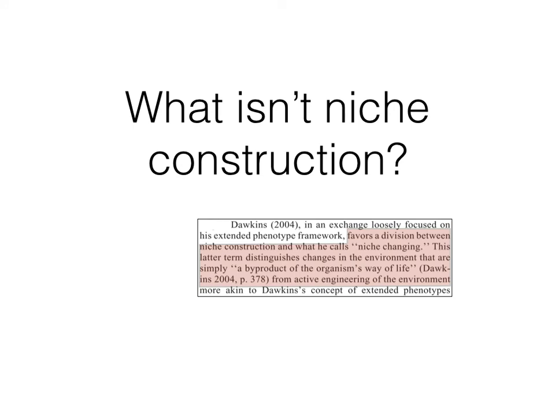Dawkins favors a division between what he calls niche changing, which in his mind is any change in the environment that is brought about as a byproduct of an organism's way of life. He contrasts that with what he grudgingly accepts might be niche construction, but would rather call an extended phenotype, and that is active engineering of the environment. So he wants these things separated.